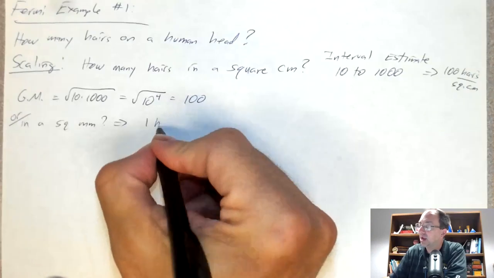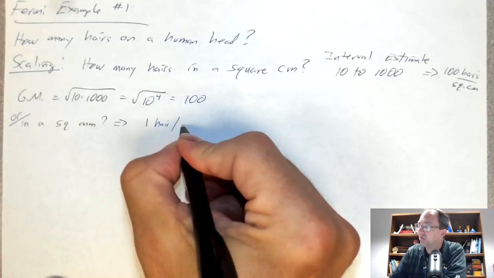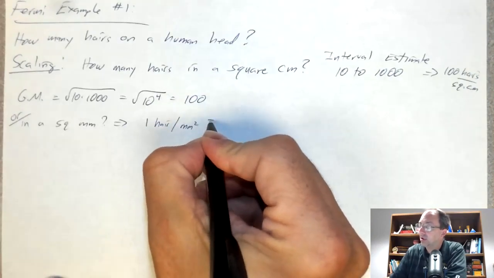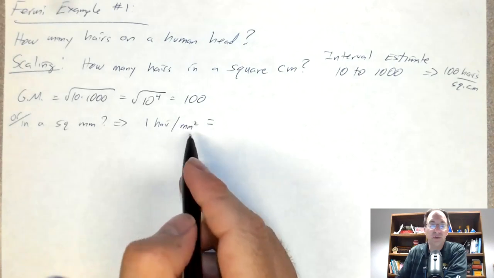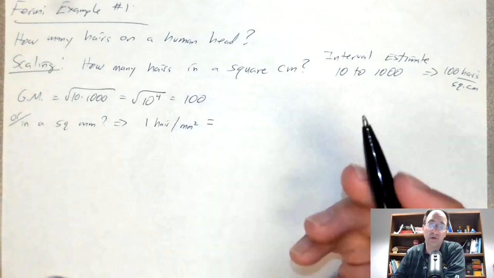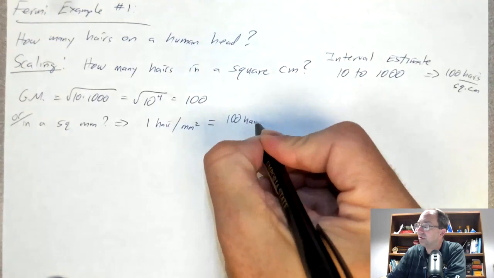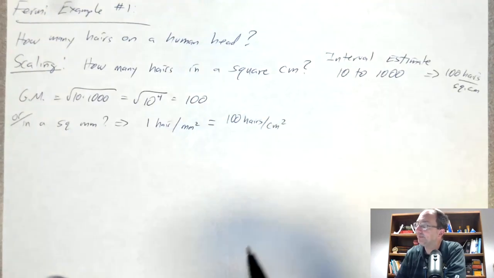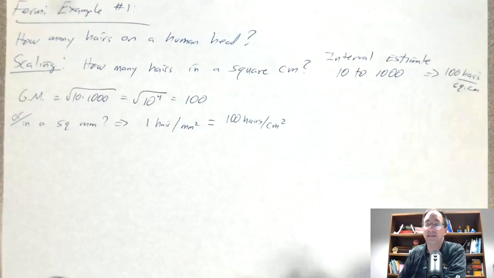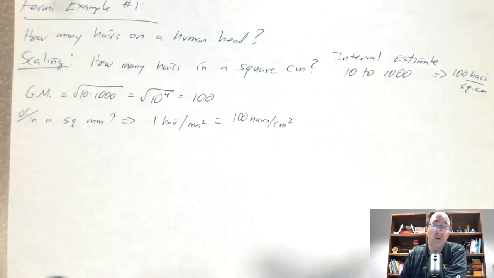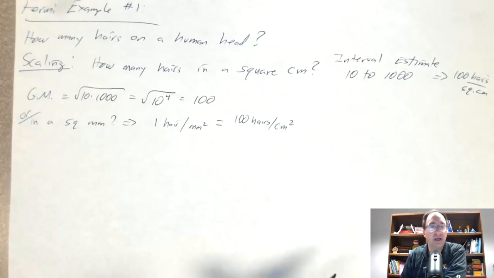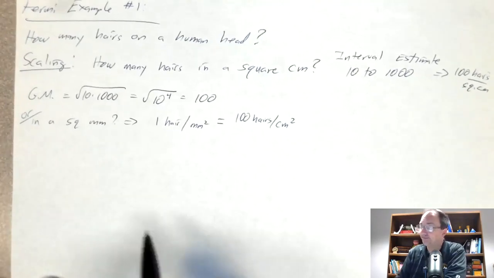And so we're going to say 1 hair per square millimeter. And of course, if we convert this to square centimeters, there's 100 of those in 1 square centimeter. So that would correspond to 100 hairs in 1 square centimeter. And the nice thing is, that's the same answer as we got before. So although that doesn't prove we did it correctly, it gives us some confidence to move on.